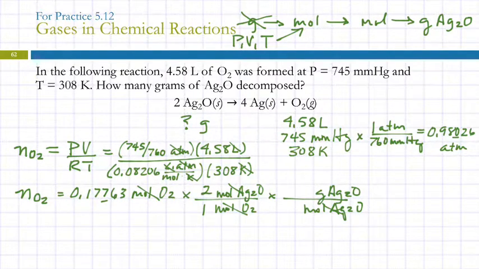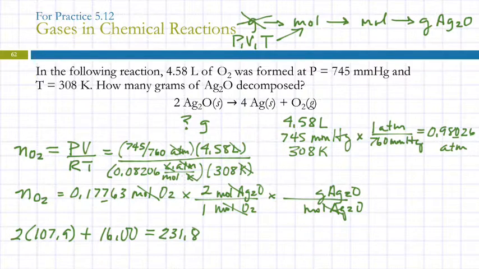For the molar mass of Ag2O, I have to calculate that. 2 times the mass of silver, 107.9, plus oxygen, 16. 107.9 times 2 plus 16 is 231.8. That'll be grams per mole. So 231.8 grams.